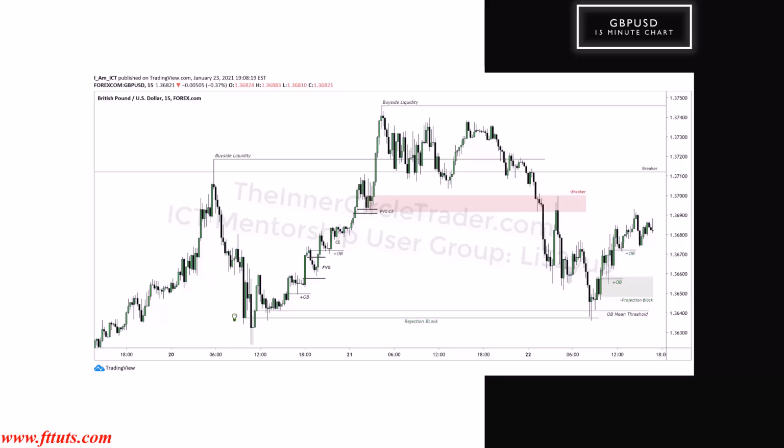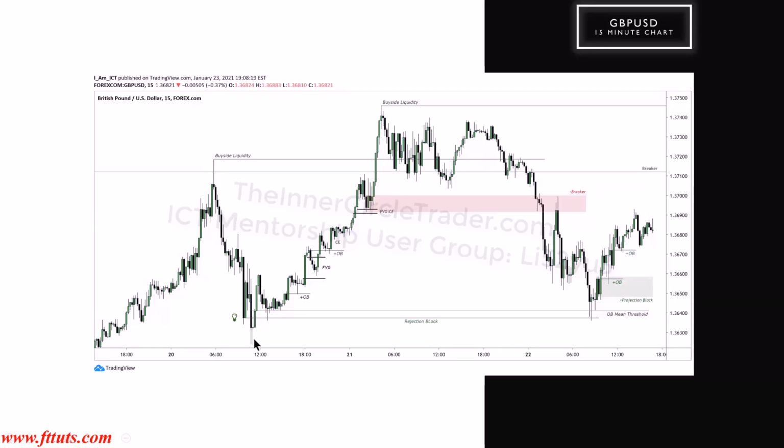The idea of a rejection block is founded on a single swing high or swing low turning point. If you have a run that goes to a low and then runs through it, like we have here, we have a low and then price runs lower.